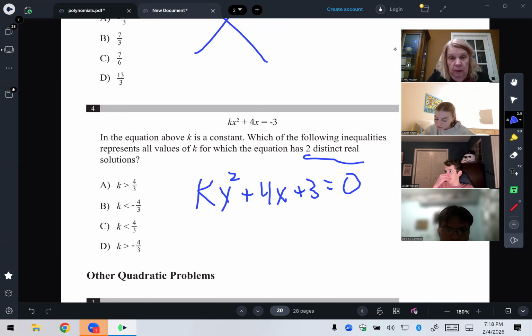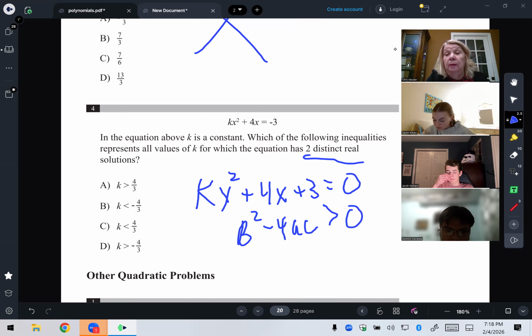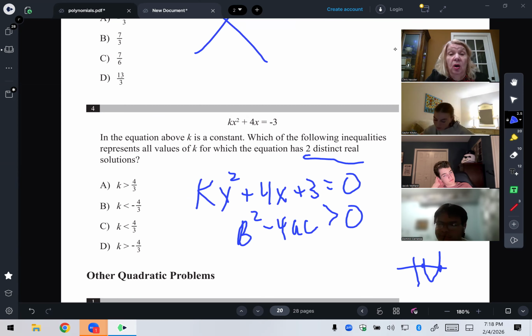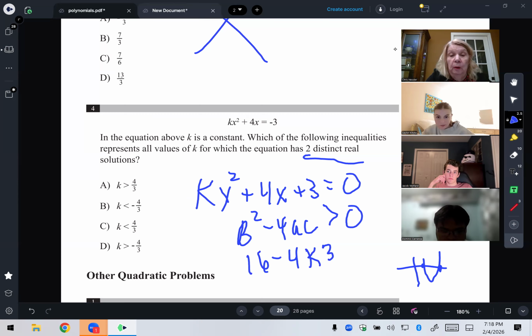We want b squared minus 4ac to be bigger than 0 for two solutions, because we want it to cross at 2 points. We know our b is 4, so 4 squared will be 16, minus 4, a we don't know, c is 3.